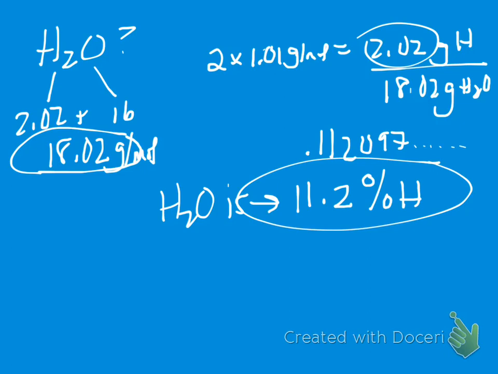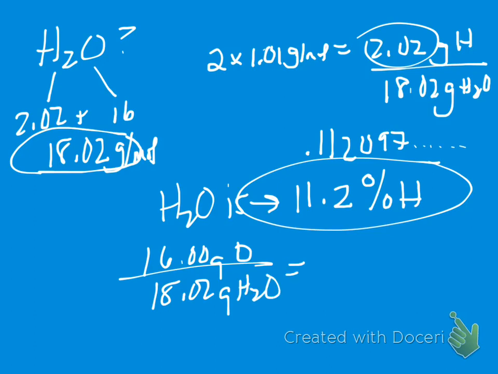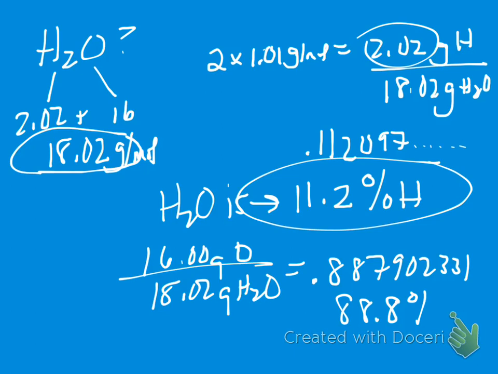No. Though that's a great way to ballpark it and know approximately where your answer should reside, I expect you to do 16.00 grams of oxygen in every 18.02 grams of water, which gives us 0.887902331, so 88.8. Actually, we could use 4 sig figs there.